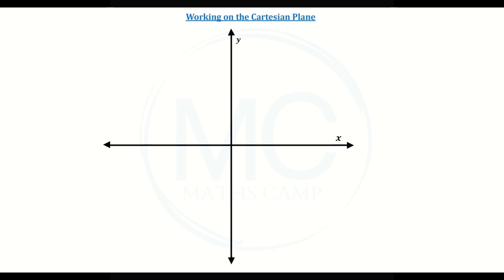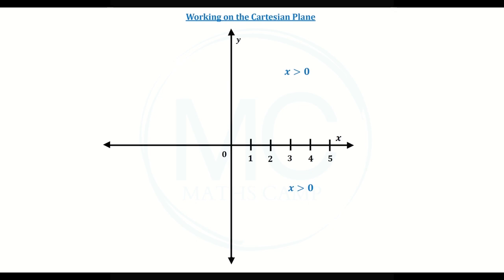The point where the axes meet over here is called the origin, and at this point both x and y take on the value of 0. x is positive to the right of the y-axis, so x is positive up here and down here as well. The numbers along the axes show how many units we have moved away from the origin. So now we can write positive 1, 2, 3, 4, and 5.